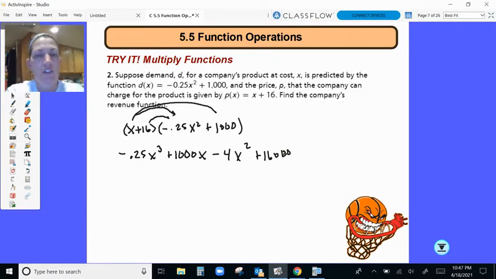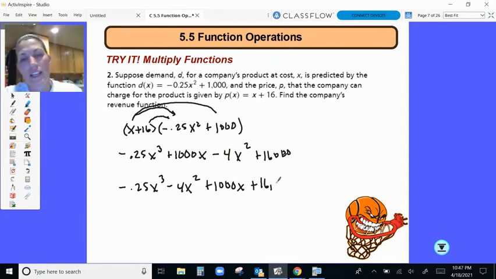We can just write this in proper form, so negative 0.25 x cubed minus 4x squared plus 1,000x plus 16,000. And that's the company's revenue function. I guess I should write that as my revenue function of x, okay?